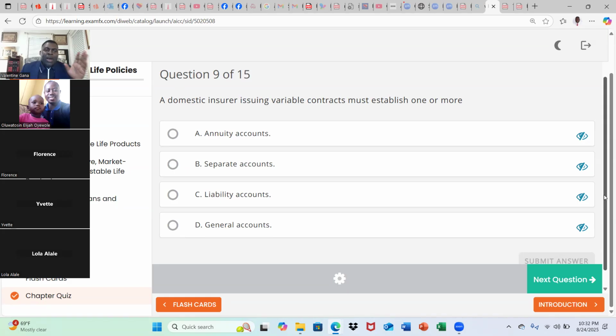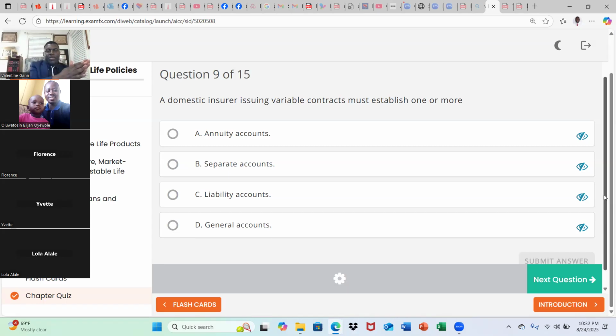Remember, when we talked about the number of accounts, we talked about if that client is going to be a client with a variable contract or a client with a fixed or fixed index contract. So when we're talking about variable or fixed, then we're talking about whether those accounts are going to be separate accounts or in the company's general account.